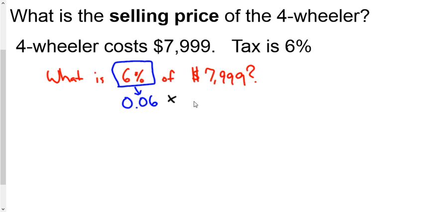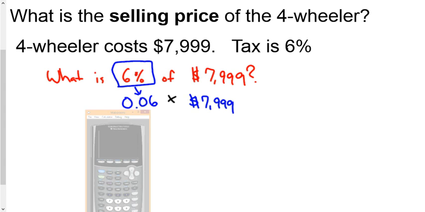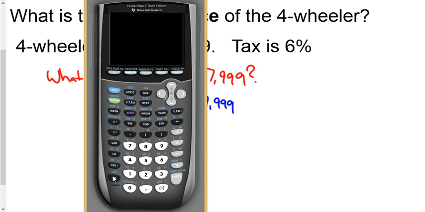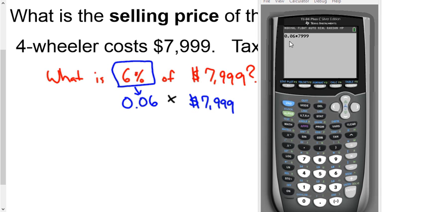So multiply it by $7,999. So we just pull up our calculator, turn it on, make sure that it's ready to go for us. And as you can see, we've typed in 0.06, which represents the 6%, and there's the total price before tax, $7,999.